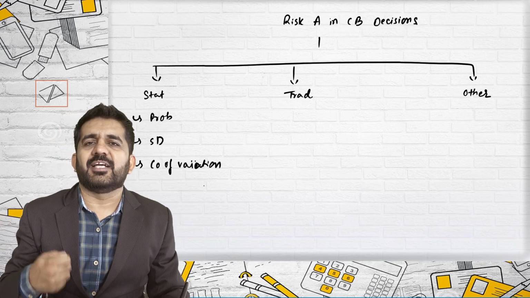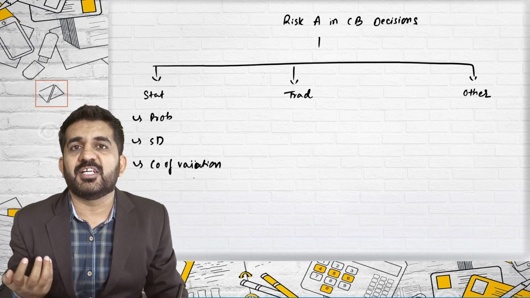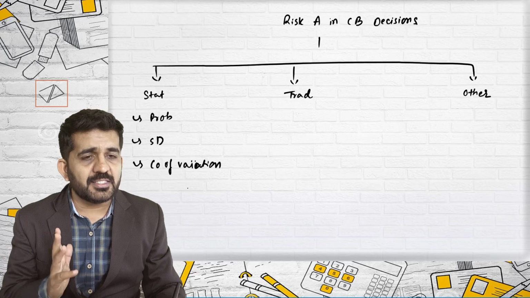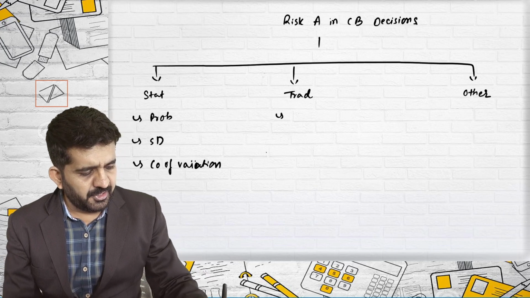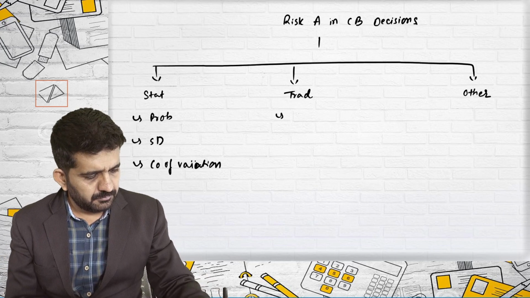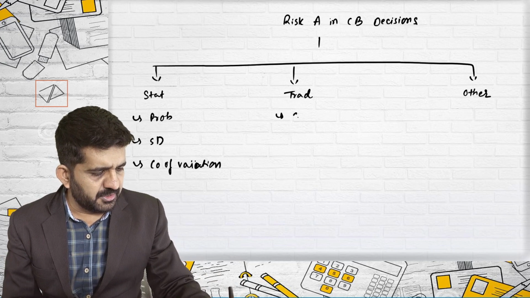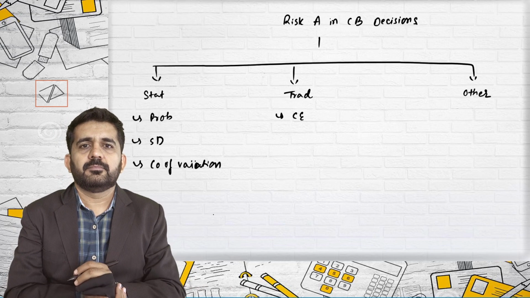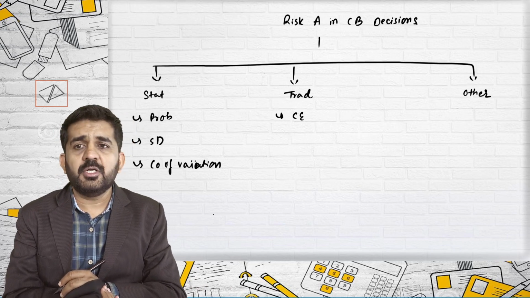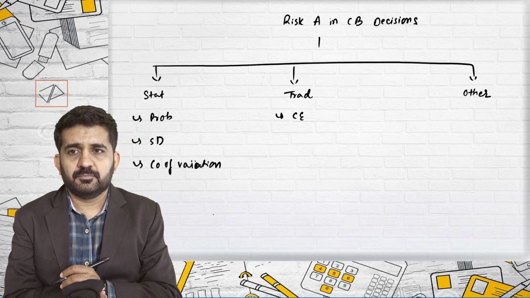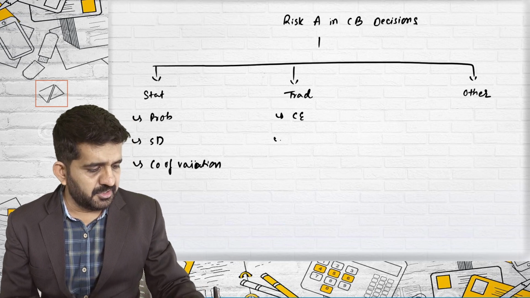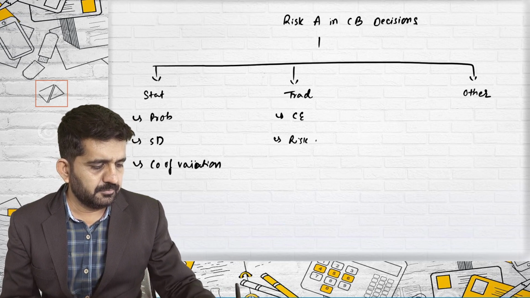So probability, standard deviation, and coefficient of variation are statistical concepts, so they are termed as a statistical method. In traditional method, we have done certainty equivalent, which is the other method in traditional. Yes, risk adjusted discount rate.